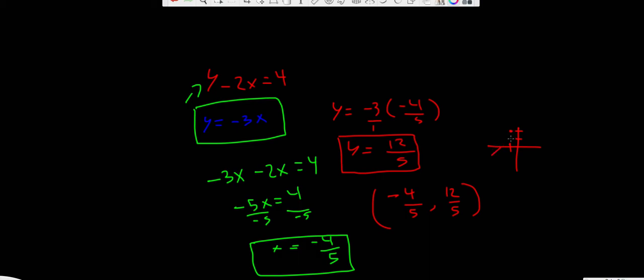Let's just say one of the lines looks like this, and another one looks like that. And so their point of intersection would be right there. And again, I just drew two random lines. It might not be these, but that's a way to see this in a more intuitive manner. And we are done.